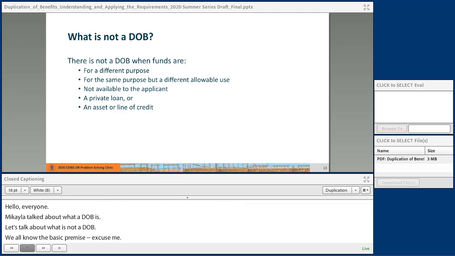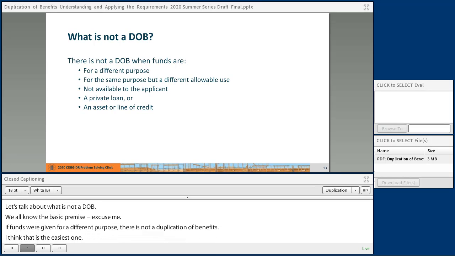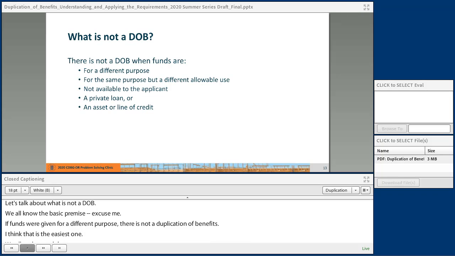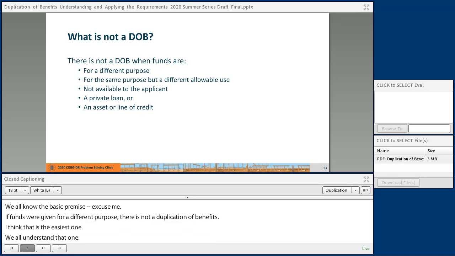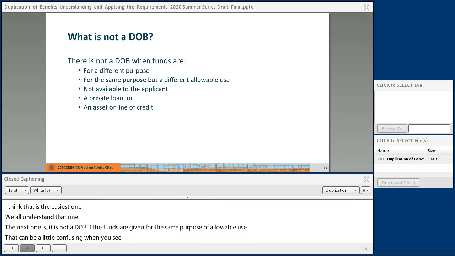The next one is it's not a DOB if the funds were given for the same purpose, but a different allowable use. That one can be a little confusing when you see it, but think about it in terms of who the funding source is and what restrictions they put on that funding. The example we give in the 2019 DOB notice is FEMA giving assistance for housing.